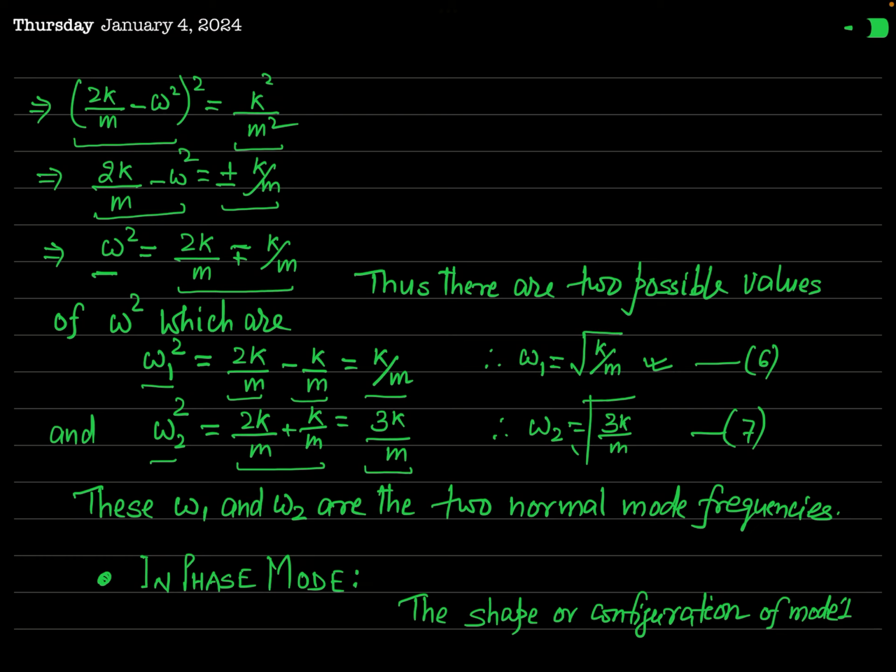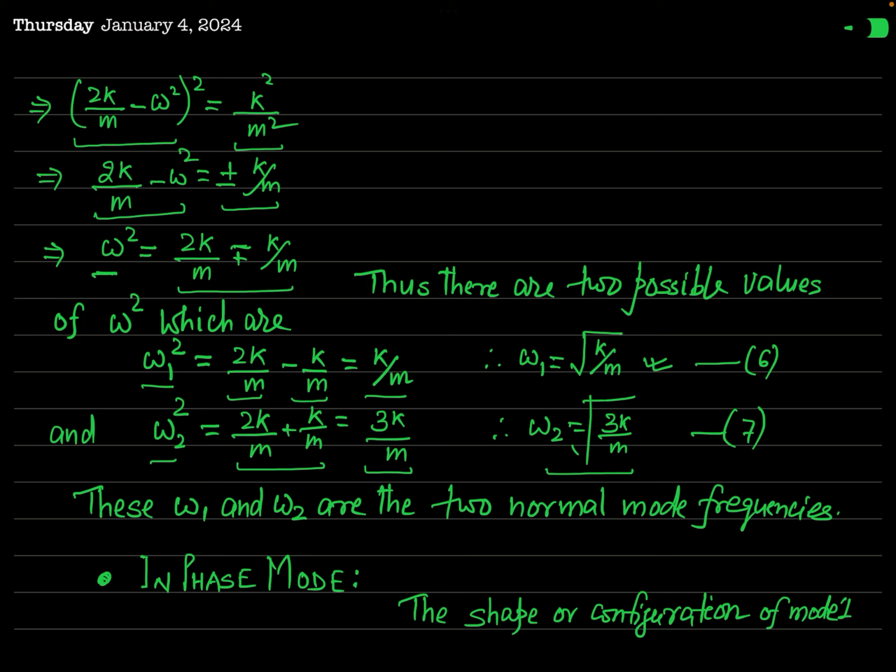So you can see that this omega 2 square is not equal to omega 1 square, but it is 3 times omega 1 square. And so you can say that omega 2 is equal to the square root of 3k by m. So these omega 1 and omega 2 are the two normal mode frequencies.